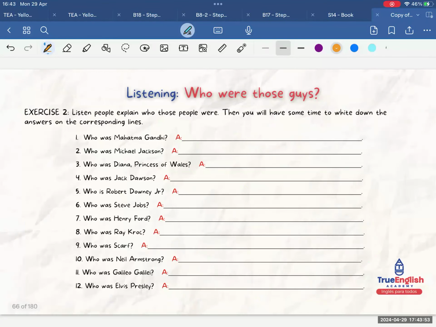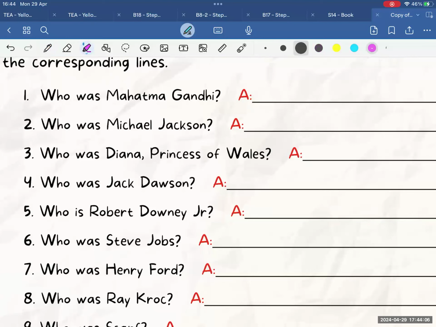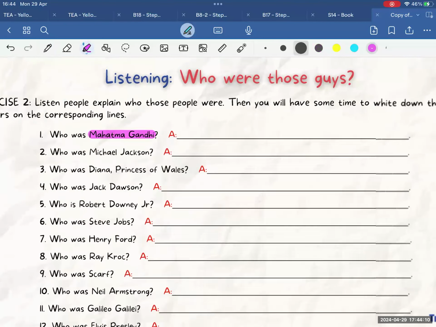Okay, guys, I'm sorry, but it's a difficult topic. We have a listening, okay? So look at the example here. We have, who was Mahatma Gandhi? Who was Mahatma Gandhi? And you're gonna listen.